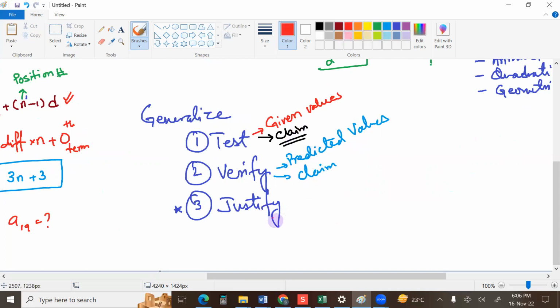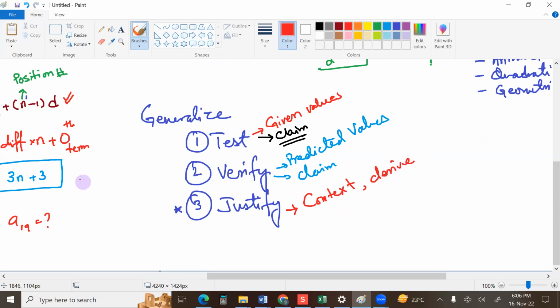Now, justification is a high-end command term. For justification, you should go to the context. Usually, it's a geometrical context from where you derive the general rule.